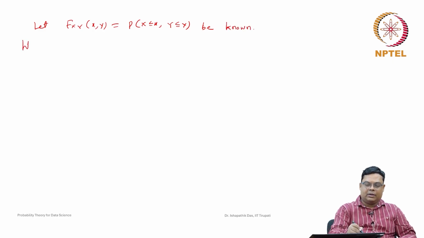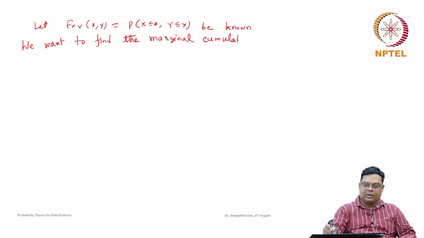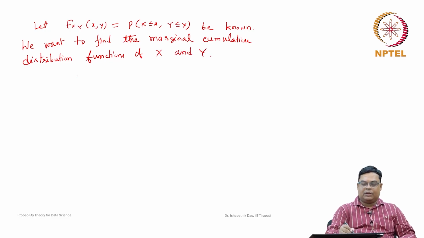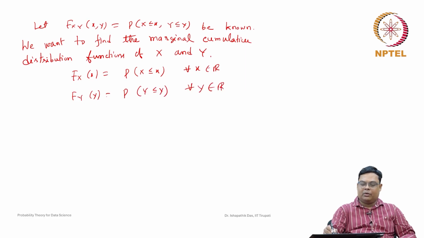Now we want to find the marginal cumulative distribution functions of X and Y. That means we want to find F_X(x), which is nothing but the probability that X ≤ x for all x belonging to the real numbers, and also we want to find F_Y(y), which is nothing but the probability that Y ≤ y for all y belonging to the real numbers.